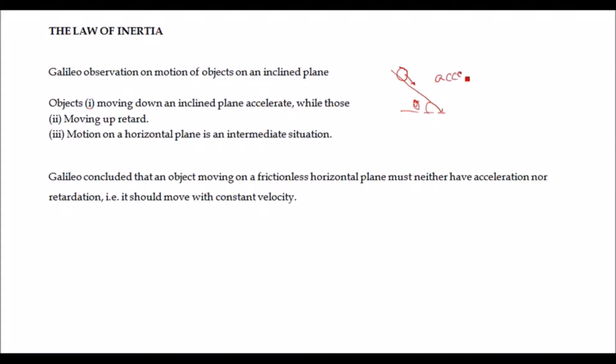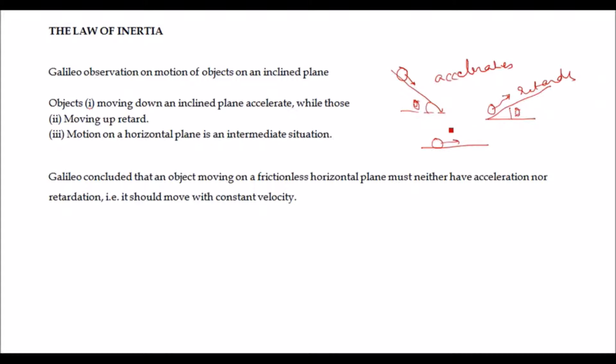He also observed that if an object moves up the inclined plane, then it retards. And third, he observed that the motion of an object on the horizontal plane is in between these two situations.